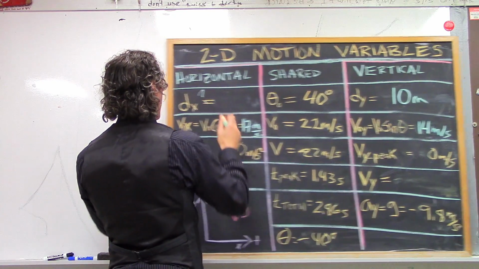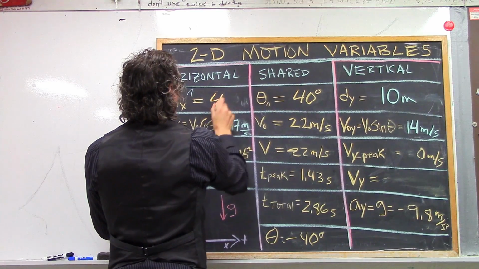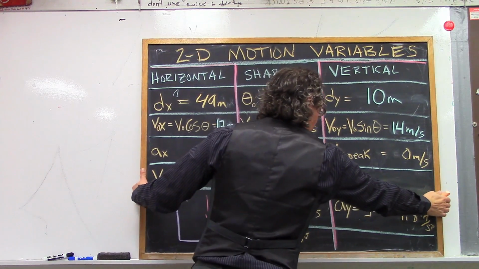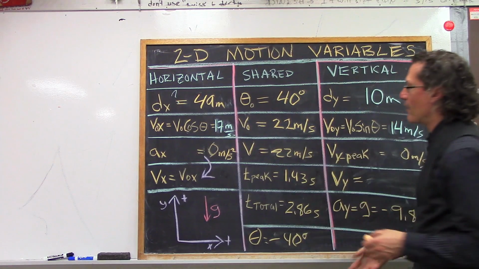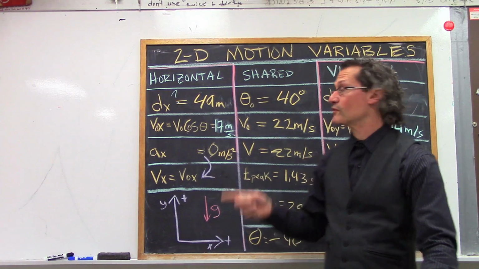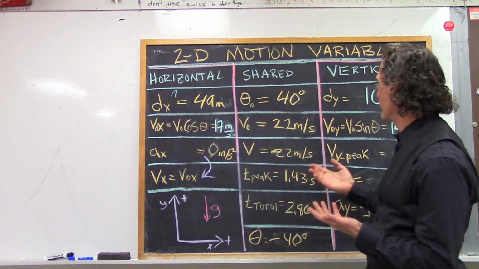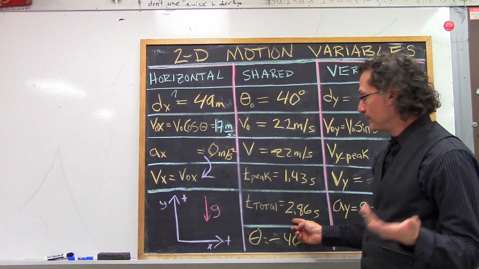So the D was 49 meters. That's the horizontal range, the horizontal displacement from the kick. All right, now we've got the story. So we started off with a kick of 22 meters per second at an angle of 40 degrees. And the ball will be in the air for 2.8 seconds in total.